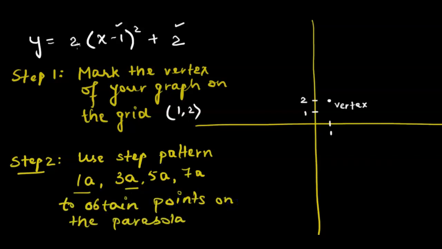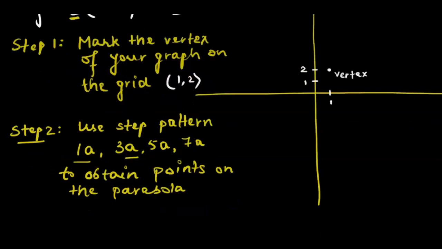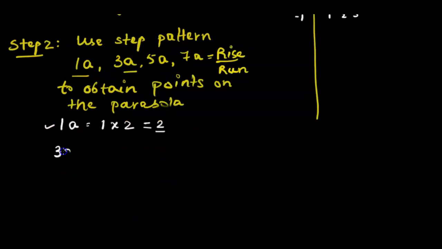In this particular example, we have a as 2. So the points on the parabola would be 1a is 1 times 2, which is 2. 3a is 3 times 2, and that is equal to 6. 5a is 5 times 2, and that is equal to 10. Now remember, these 1a, 3a, and 5a, they represent rise over run.